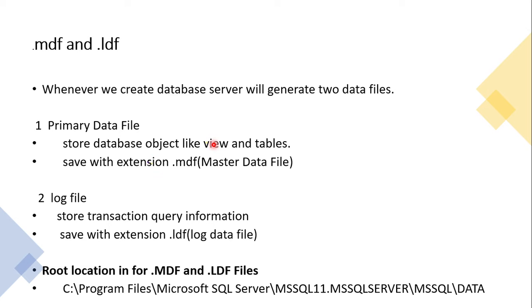Whenever these objects come into picture, we call them database objects, like views, tables, functions, stored procedures, synonyms. This primary data file is used to store all these objects.